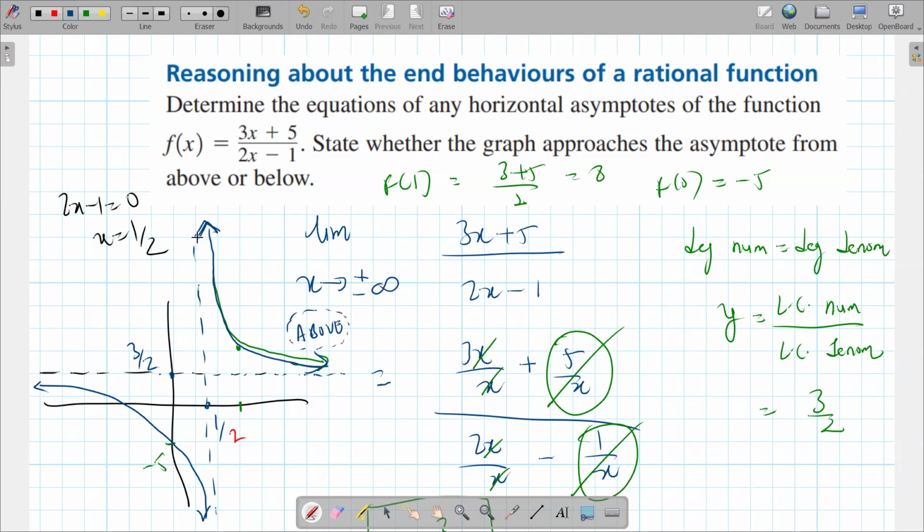And to the left of the vertical asymptote, this part, is it approaching from above or below? Below, okay? And there you go, that's the answer to this question.